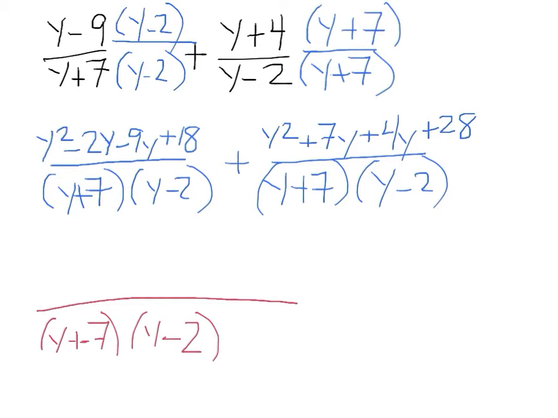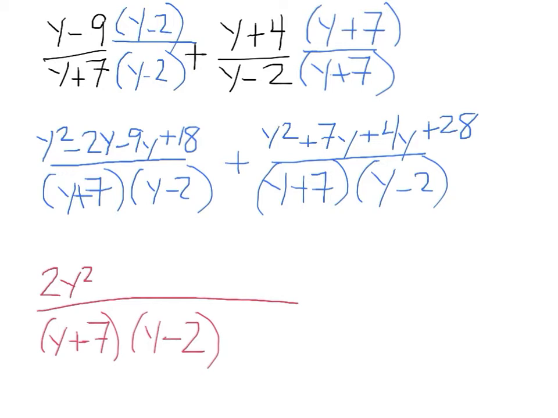Okay. So now we look up here and we say we've got a y squared here and another y squared there. So I guess that's going to be 2y squared. 2y squared.